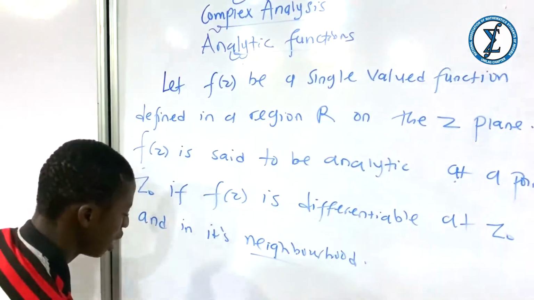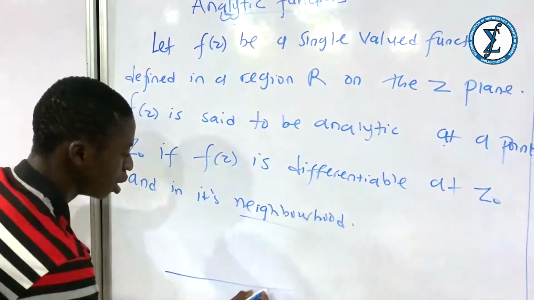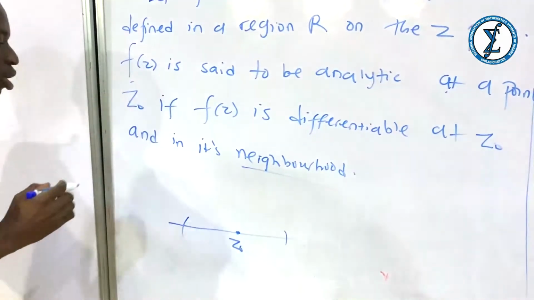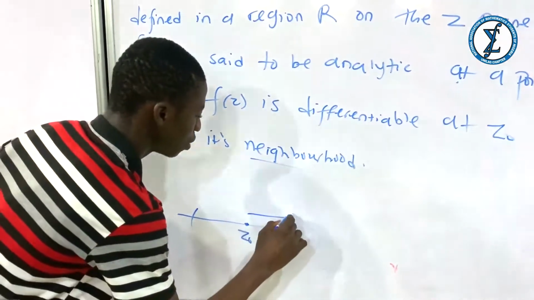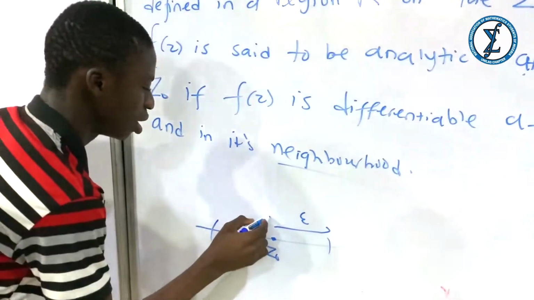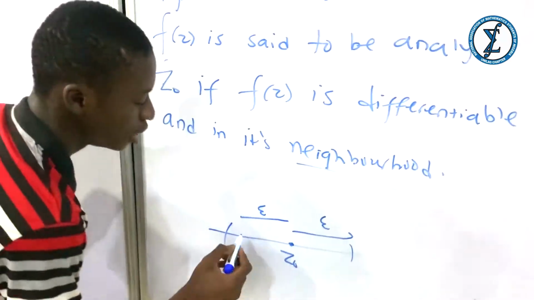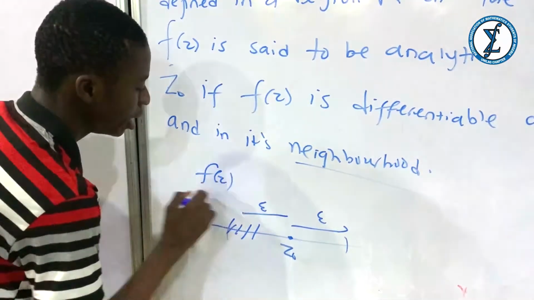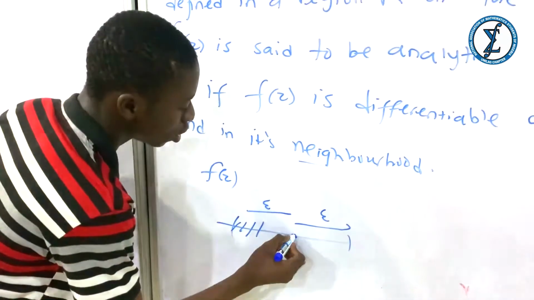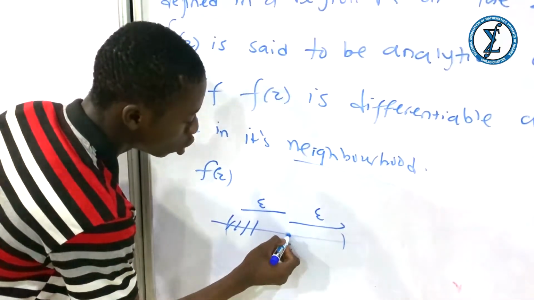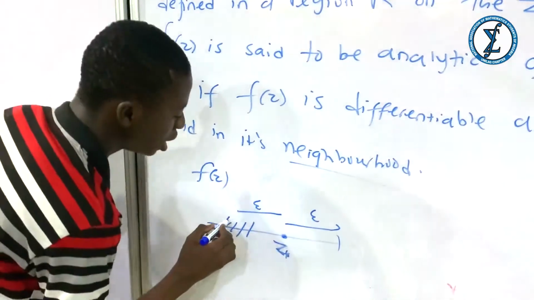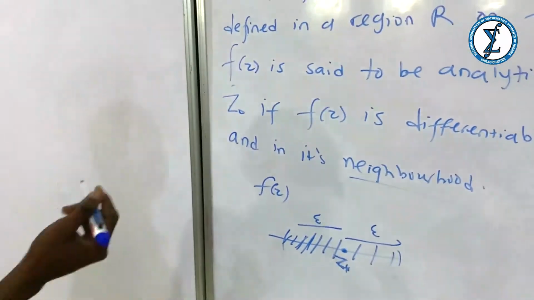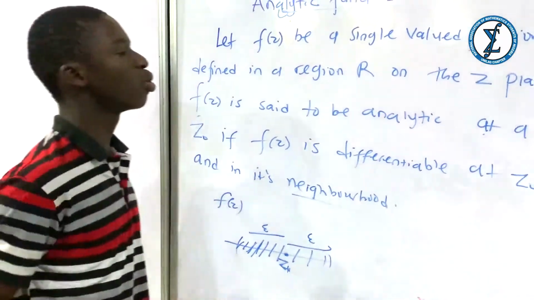Assume you have this z plane now, and this is z0, such that the distance from here is epsilon. So the function f of z is analytic at z0 if it is differentiable not only at z0 but in its epsilon neighborhood.